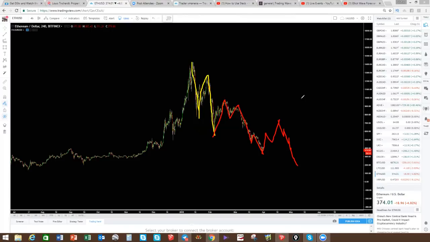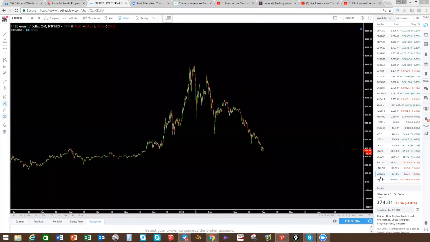So we keep an eye on that. Or bounce in 3 waves like that, come back and retest, giving us this structure. Okay. That's Ethereum. That's what the charts are telling us.